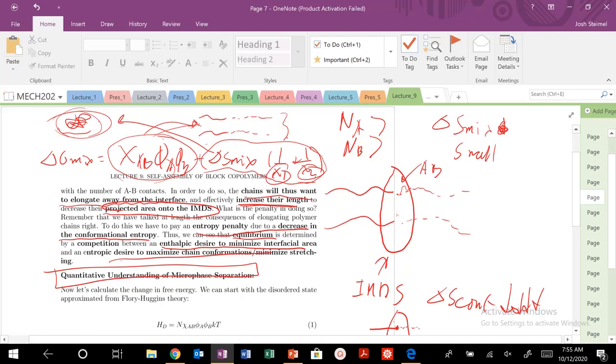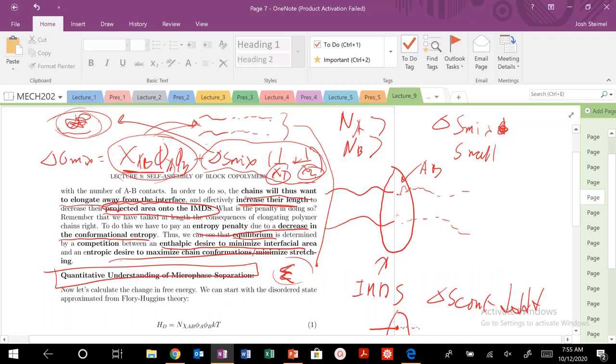So what about in this ordered state here? Well, again, we want to minimize these chi AB interactions. We want to minimize sigma, that interfacial energy here. So that's the driving force to be in this state.